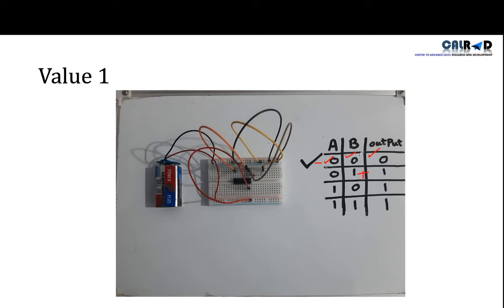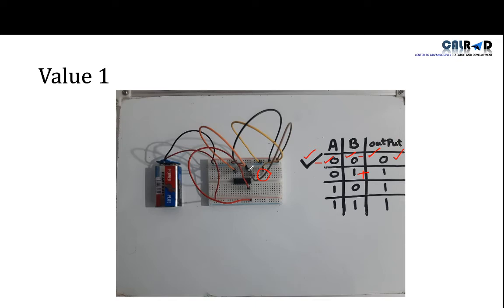So if both inputs are given negative current, then the output will be 0. 0 output means LED will not burn. So here you can see LED is not burning or blinking. So this means our first setup is proved.